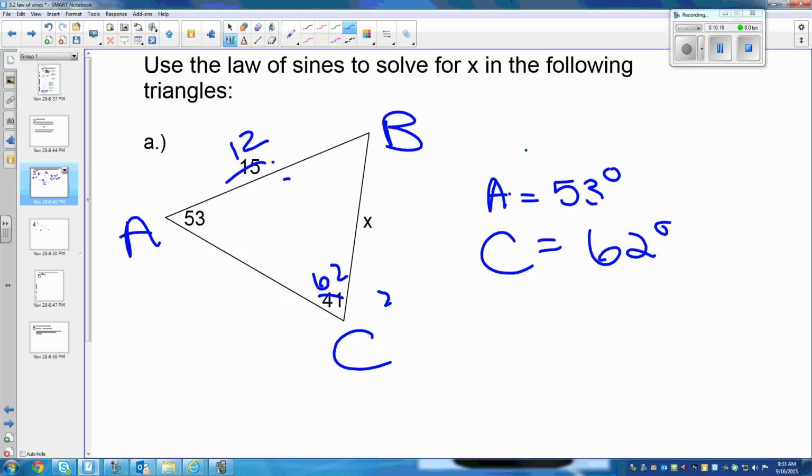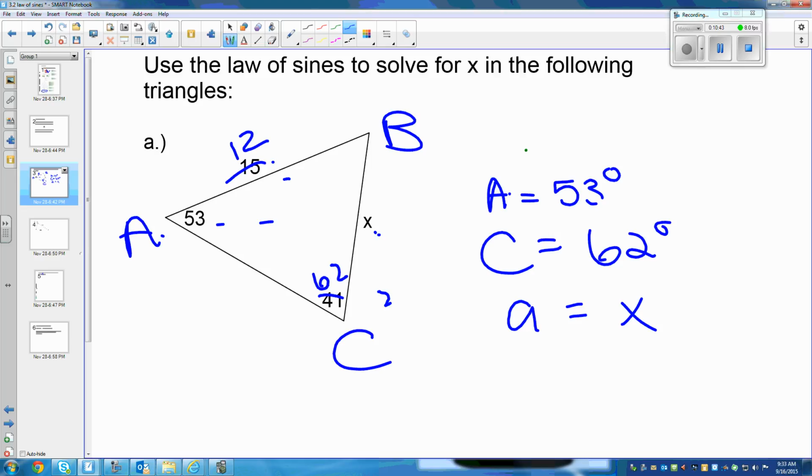So, how do we decide what side lengths we know? Depends on which angle we're using. So this X, what side length is it? It's side length A. So I write lowercase a equals X. I knew it was lowercase a because it's across from that angle, right?